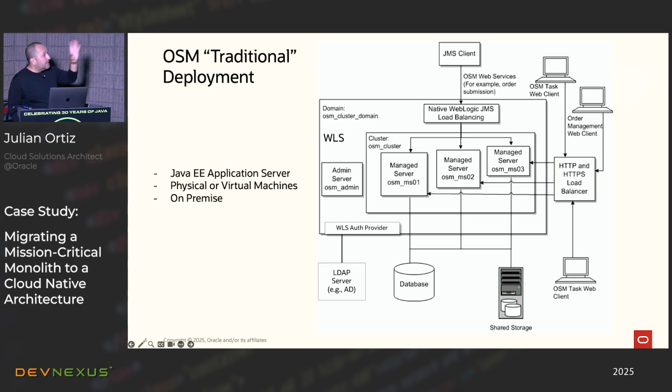Now, as we saw in the previous slide, this application has different entry points. One key entry point is JMS. We use messaging, where the product is heavy on JMS usage. Then HTTP and HTTPS access for web applications. It requires shared storage, a database, and an LDAP server. So this is, again, traditionally deployed monolithic on premise.